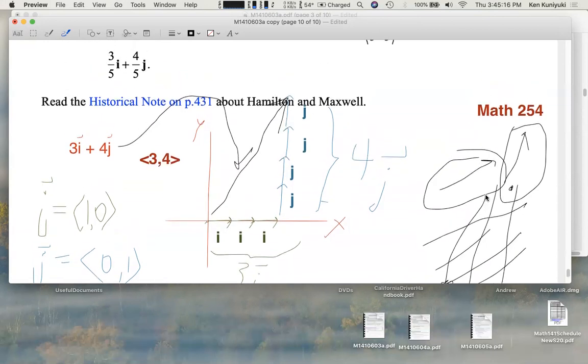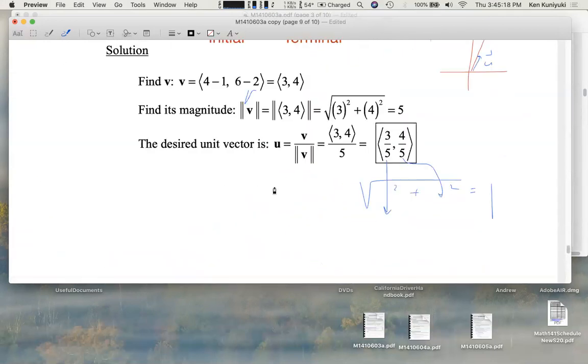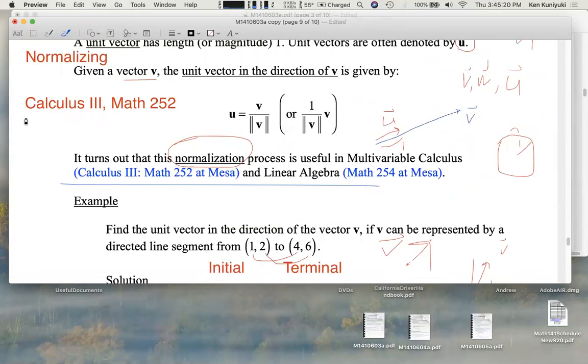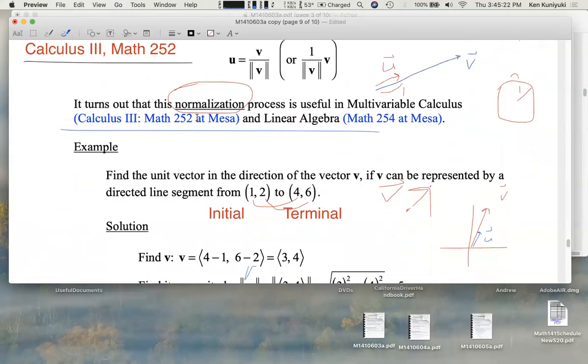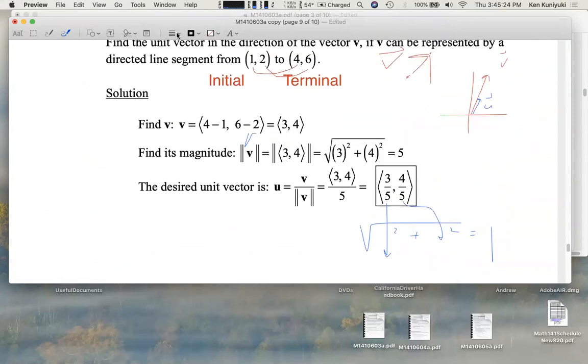Another issue, where do we see these unit vectors in Calc 3, in Math 252? In directional derivatives. I'm going to explain this. What are directional derivatives? Let's say that you look at a contour map. You can imagine axes here.